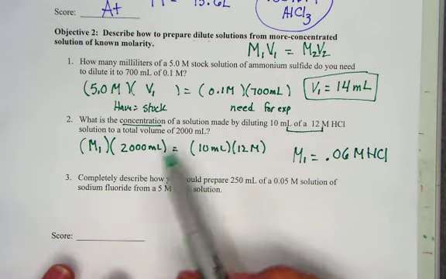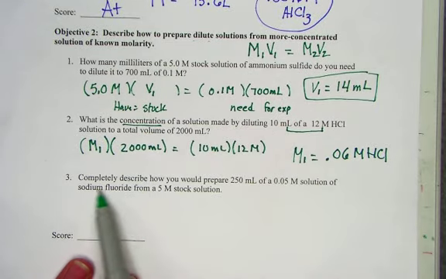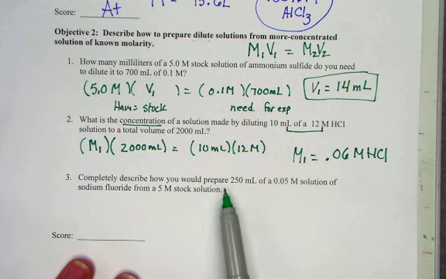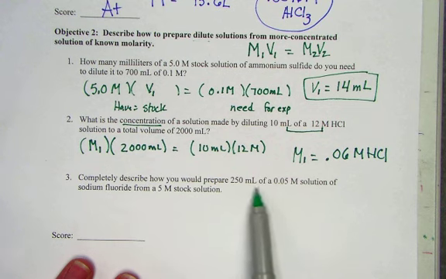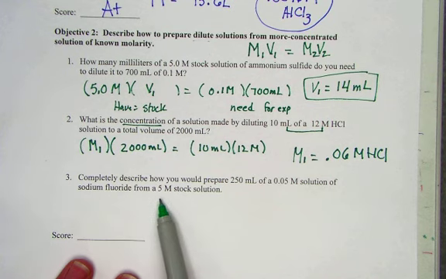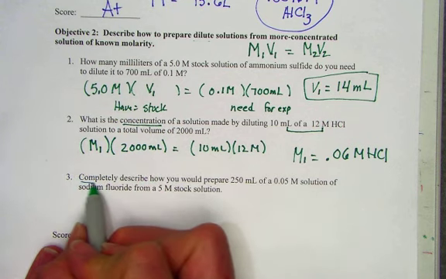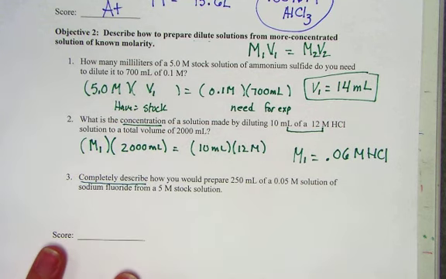In our third and final question of Objective 2, we're being asked to describe how you would prepare 250 milliliters of a 0.05 molar solution of sodium fluoride from a 5 molar stock solution. When I'm asked to describe, that means I need to put it in a sentence and physically say what I would do to create the solution.